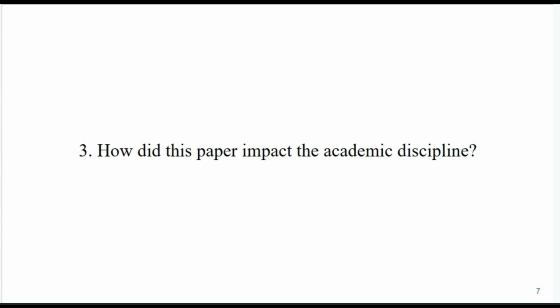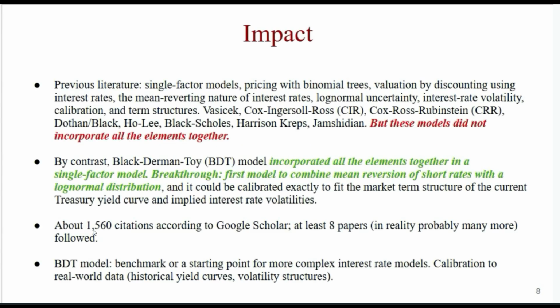3, how did this paper impact the academic discipline? So previous literature looked at single-factor models, pricing with binomial trees, valuation by discounting using interest rates, the mean reverting nature of interest rates, log normal uncertainty, interest rate volatility, calibration, and term structures.